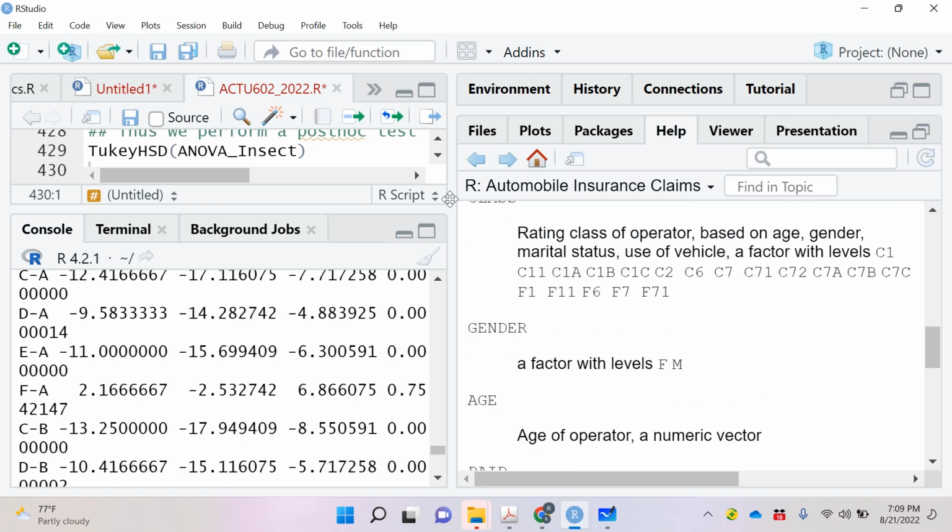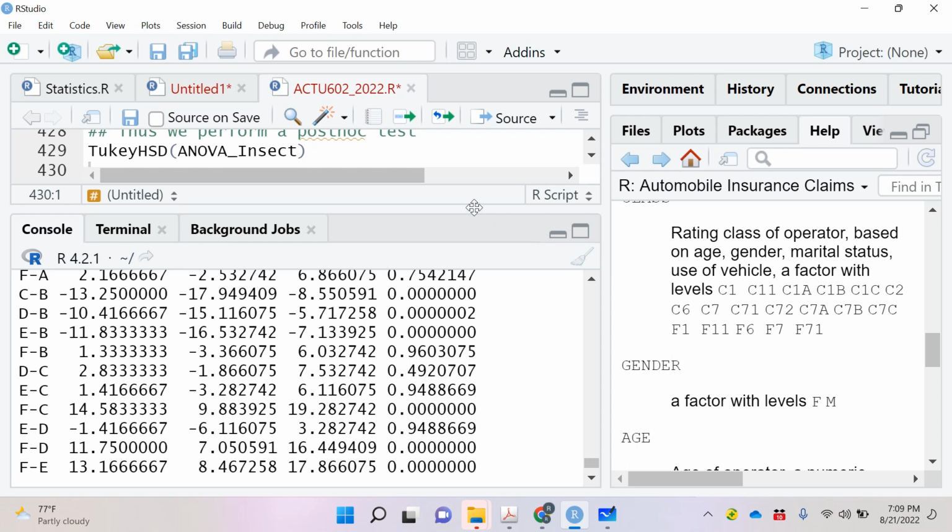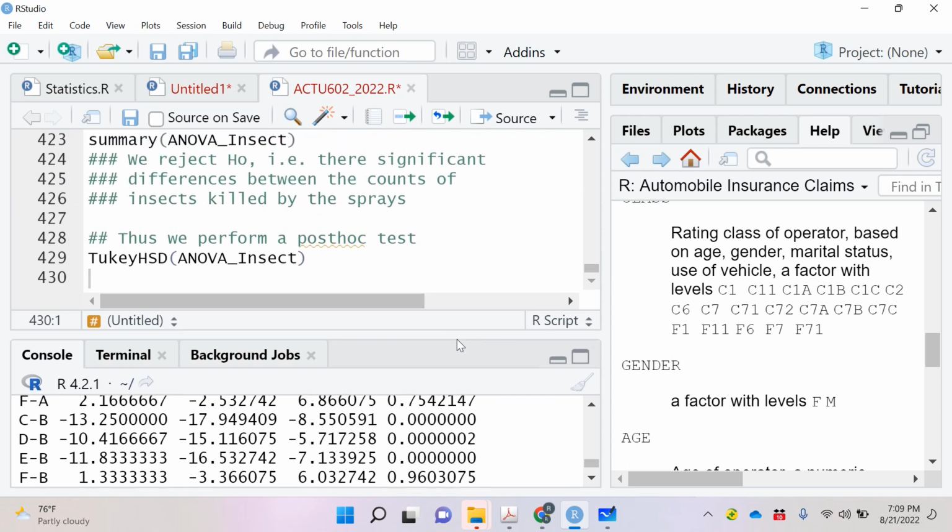What I should caution you is that remember that ANOVA has what? Assumptions. One, that they come from a normal distribution with a constant variance, right? I have not checked whether the variances are constant or not, because if the variances are not constant, there are other tests that we can use, like the Kruskal-Wallis.